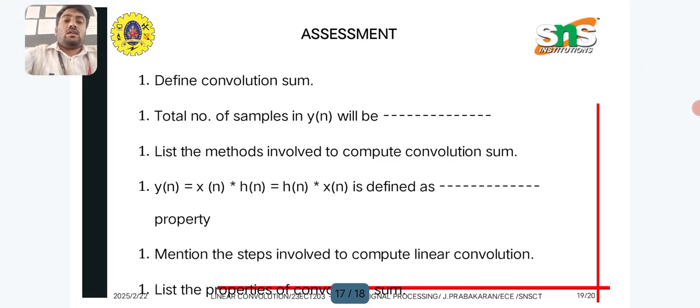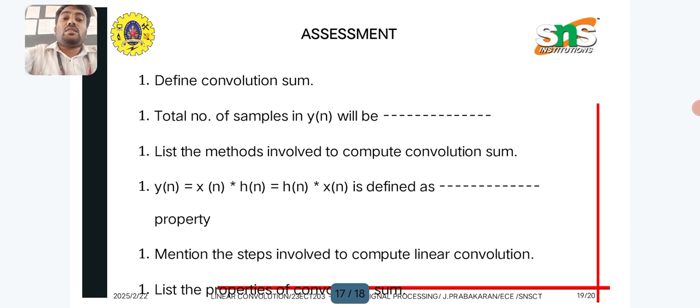And here is the assessment of this lecture. Define convolution sum. List the total number of samples in y of n.